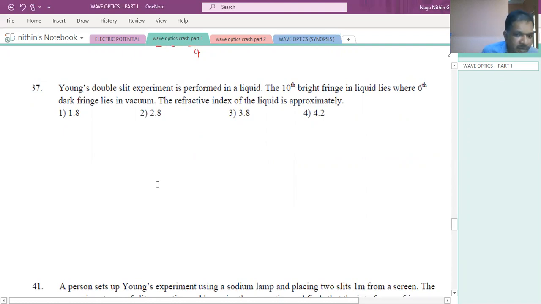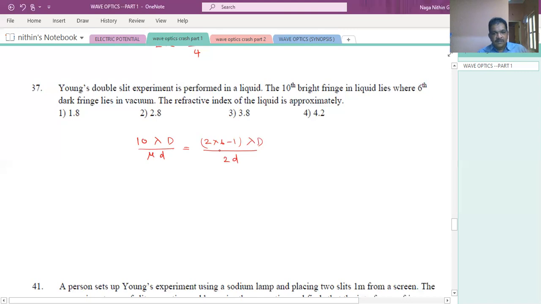See, the 10th bright fringe in liquid: n lambda D by mu d is equal to 2n minus 1 lambda D by 2d.